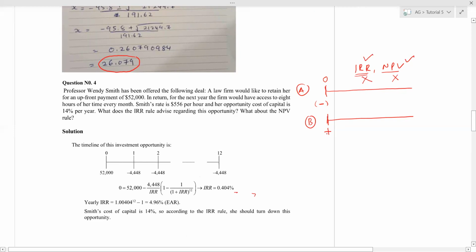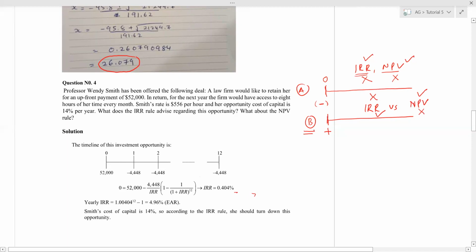But if the cash flows are non-conventional, there will be a conflict between NPV and IRR. If NPV says accept, IRR would say reject, and if it says reject, it will say accept. So this question is a non-conventional cash flows question. We will see how it goes.